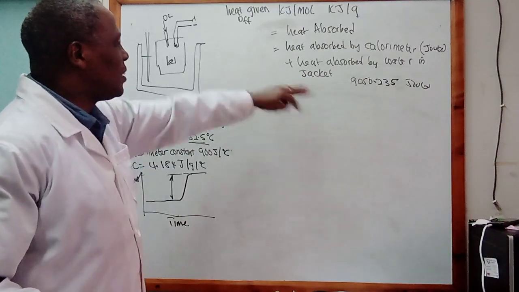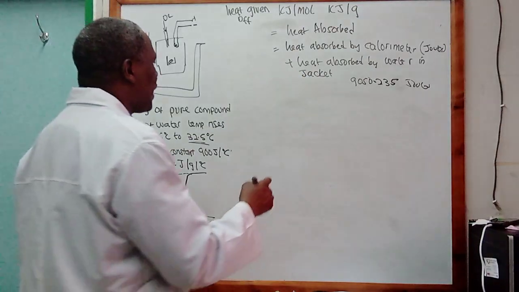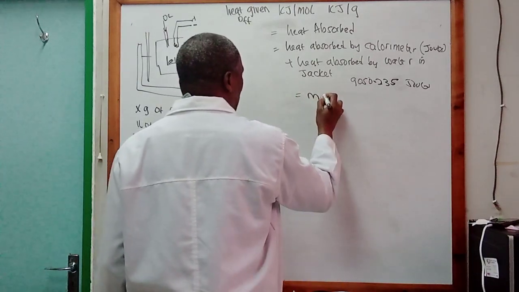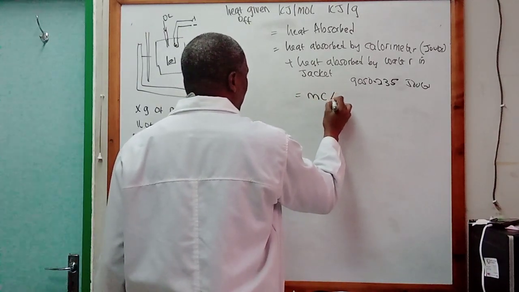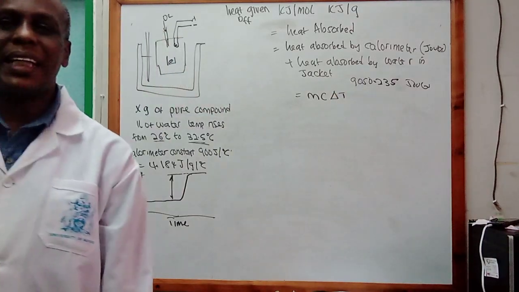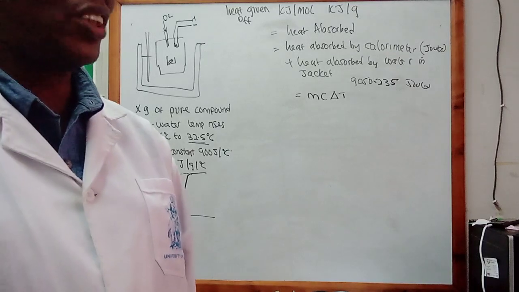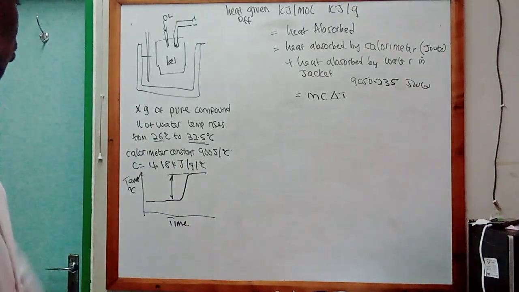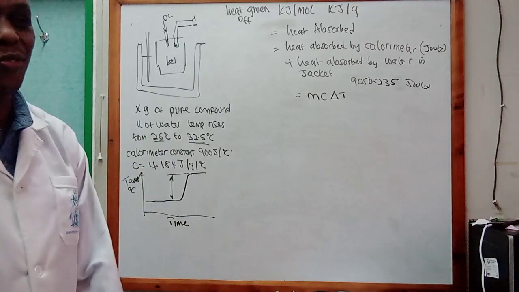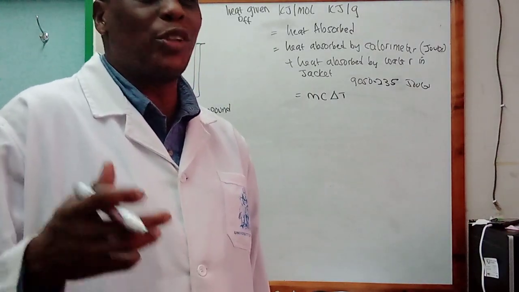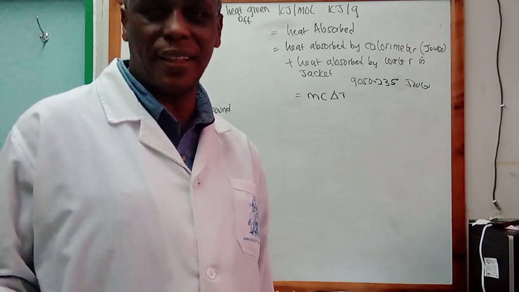The second unknown is the heat absorbed by the water. And this is given by the mass of the water multiplied by the specific heat capacity times the change in the temperature. Now, what does this calculation imply? That you've been told you're dealing with something like 1 liter of water, that it assumes that 1 liter is equivalent to 1,000 grams or 1 kilogram.